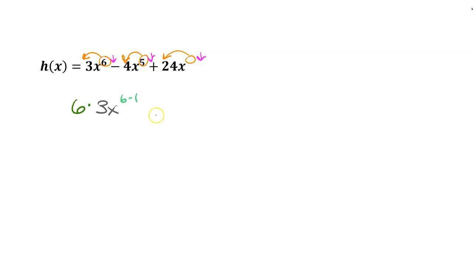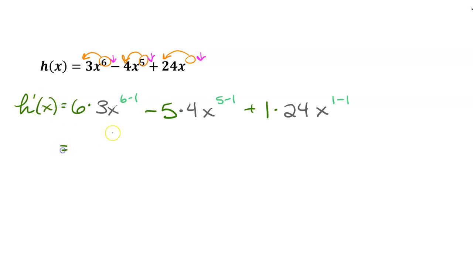Then minus 5 times 4x to the 5 minus 1 as its new power. Then plus 1 times 24x. The power when we don't see a power is 1, minus 1, going down a power. And simplify.